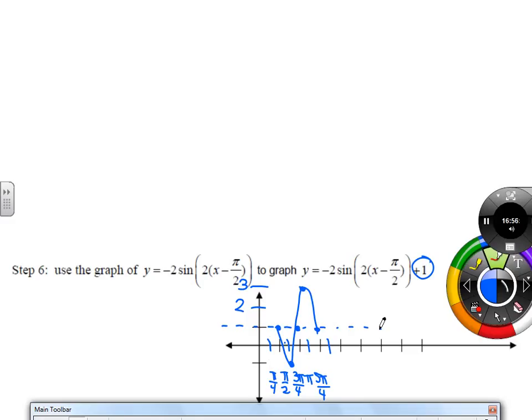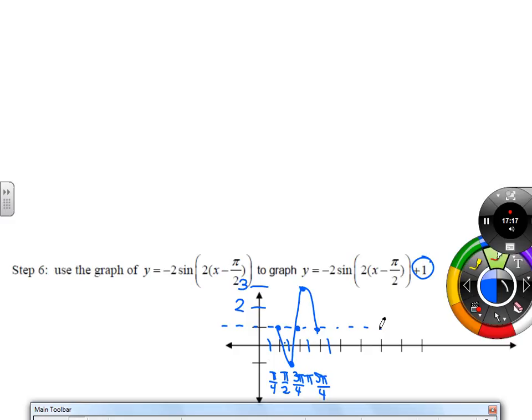Okay? Now this is the graph of 1 period of the function. Normally, they want more than 1 period, but when you do all the changes, you should do them to just 1 period. Then if you need to graph more of the function, you just copy your pattern of points, right? So this is the beginning, this is the end, and then it starts over again from the beginning.